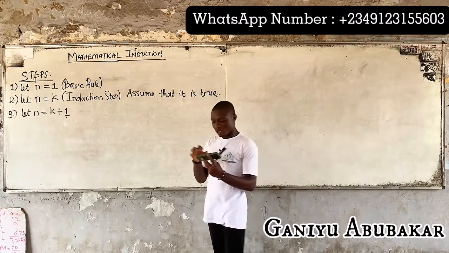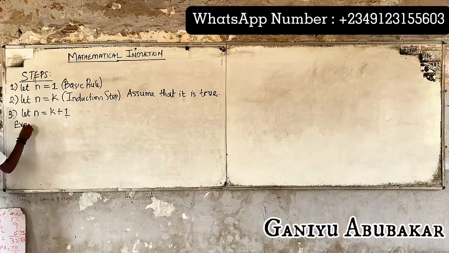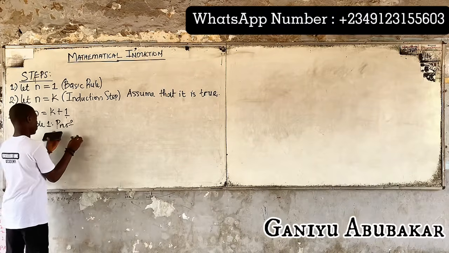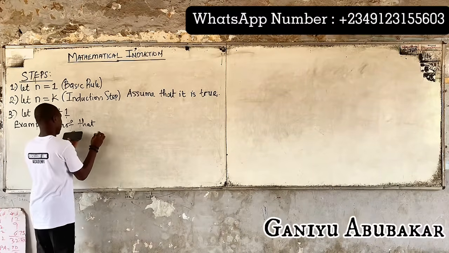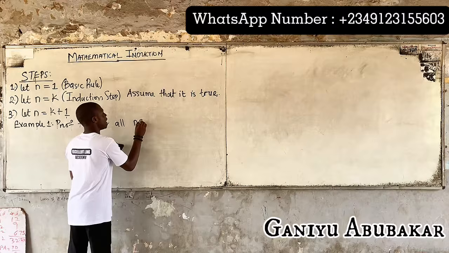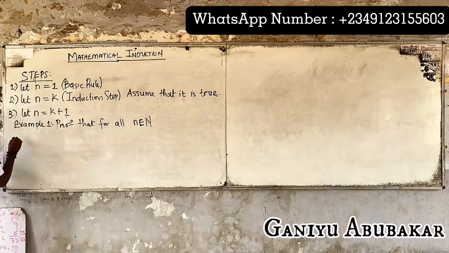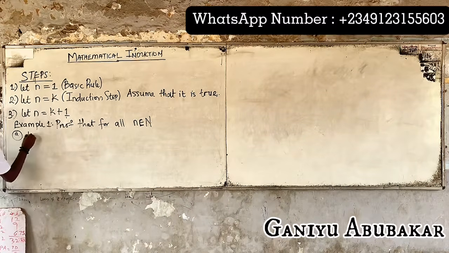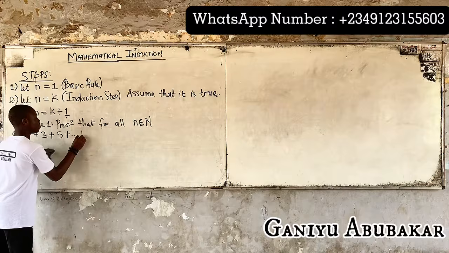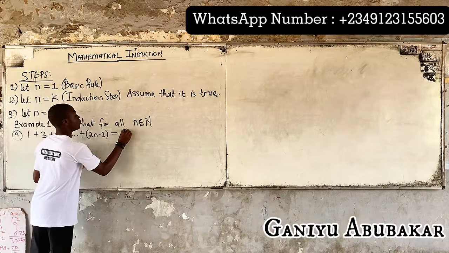Let's look at example 1, please. Prove that for all n, an element of the natural numbers, 1 plus 3 plus 5 plus dot dot dot plus (2n minus 1) equals n squared.